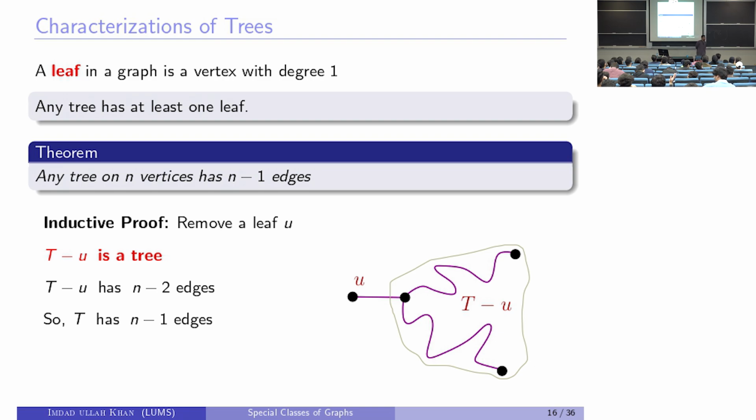If I take a tree and remove one vertex, will the remaining graph be a tree? Can the remaining graph have a cycle? Removing an edge cannot create a cycle, right? Is it clear? Removing an edge cannot create a cycle. We cannot connect anything extra. But removing an edge can disconnect the graph.